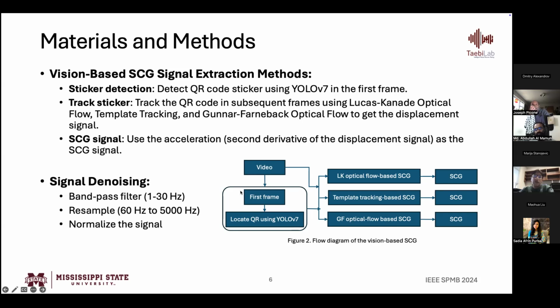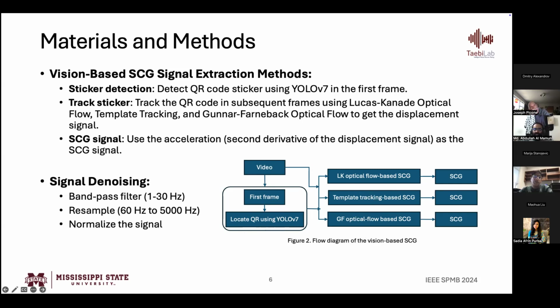Figure 2 shows the vision-based SCG extraction process. Here we use YOLO version 7 only for detecting the QR code in the first frame, and then we apply the Lucas-Kanade template tracking and Farneback optical flow methods to track the QR code in the subsequent frames.